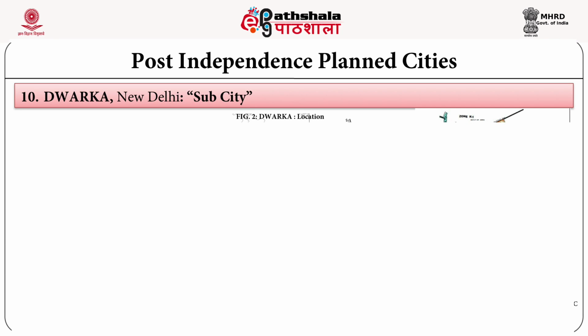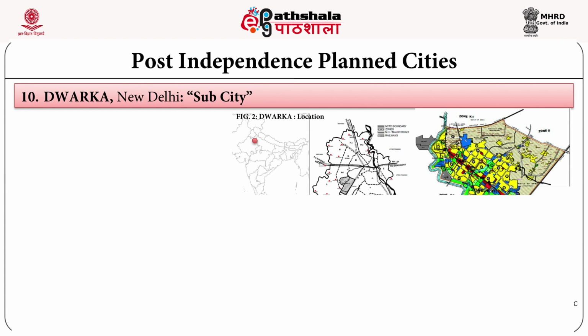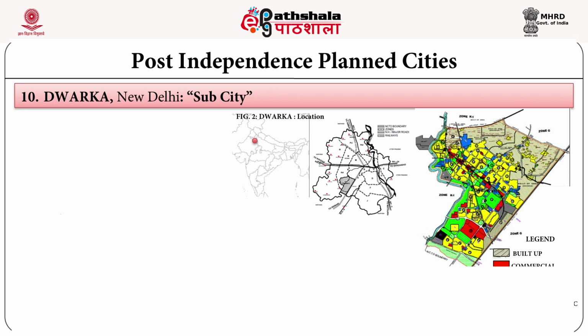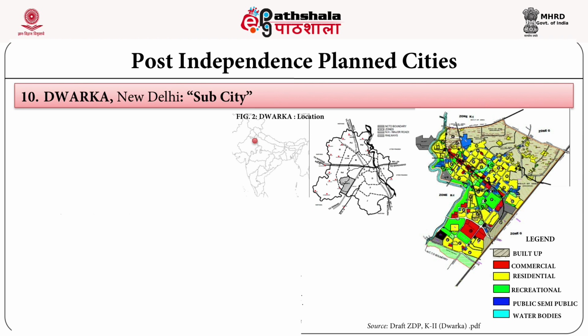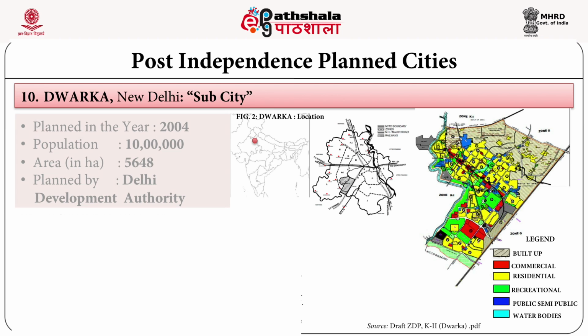We come to the next sub-city, that is Dwarka, which is in New Delhi. Dwarka was planned as a sub-city in the year 2004 for a population of 10 lakhs, with an area of 5,648 hectares in the southwest part of Delhi. It was planned by Delhi Development Authority with a team of eminent experts and academicians from various disciplines.